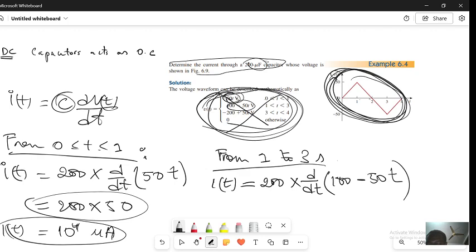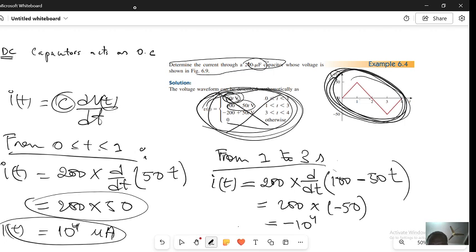When you differentiate this, the derivative of a constant is 0, so it's going to be 200 multiplied by minus 50. So it's going to be minus 10 power 4 microampere.